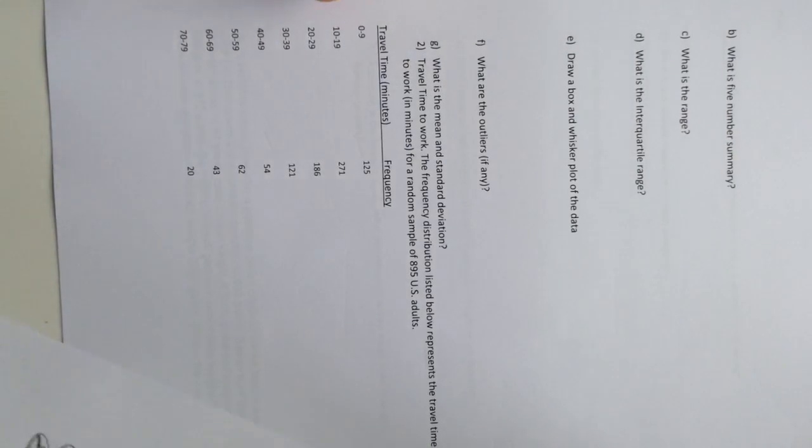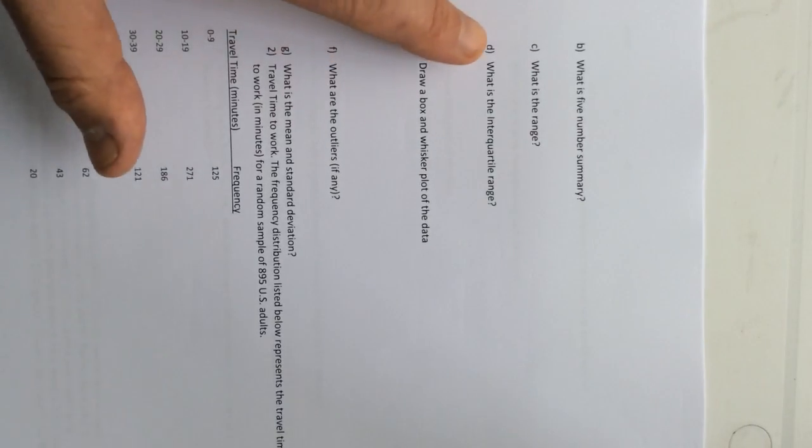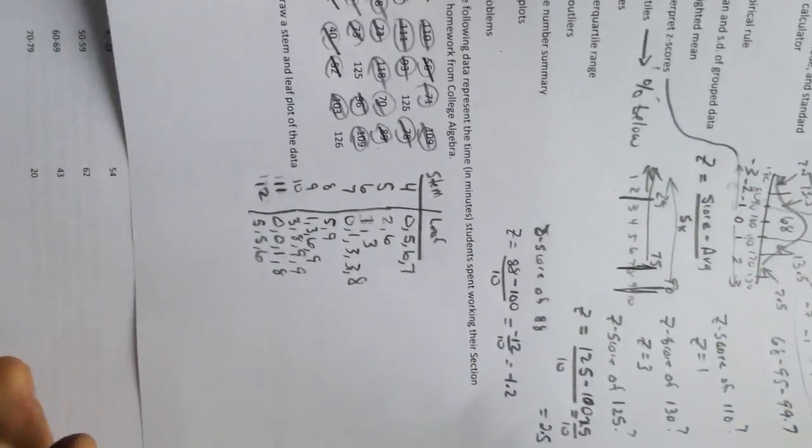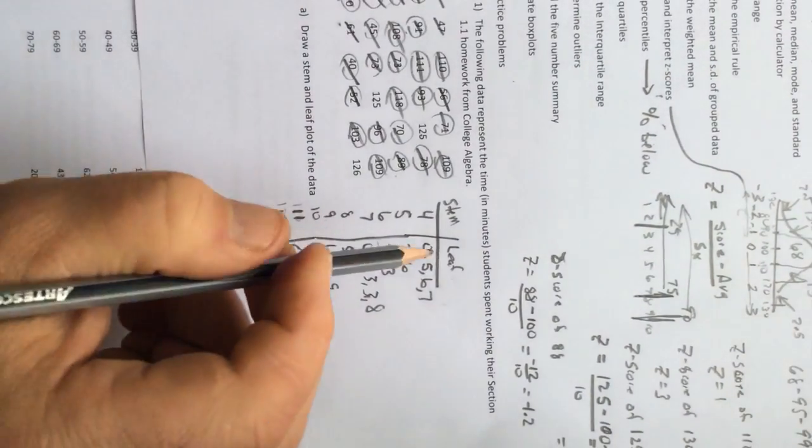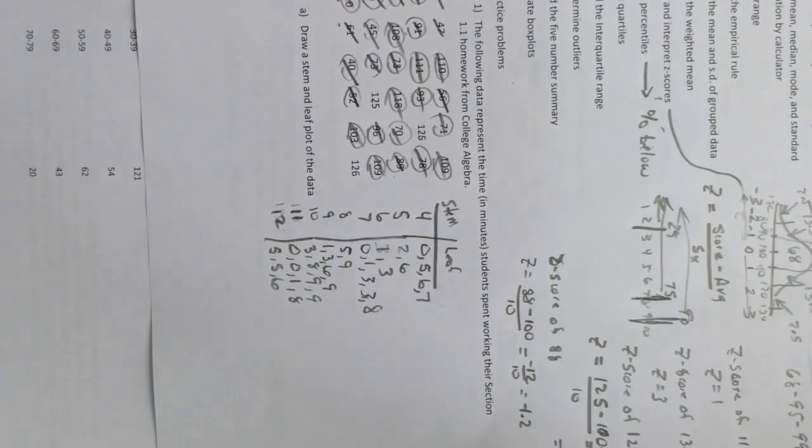What is the 5-number summary? Okay, so you just put that in your calculator. What's the range? So actually let me just put it in the calculator here real quick.